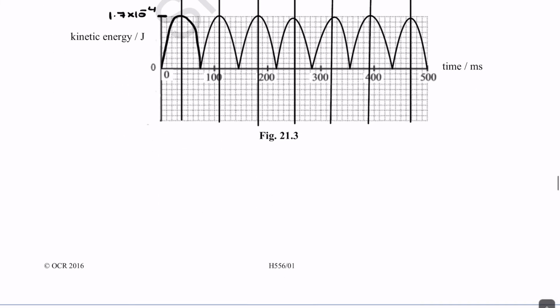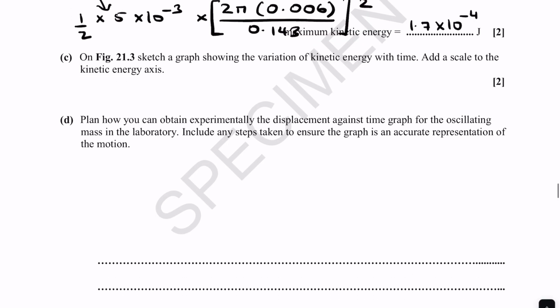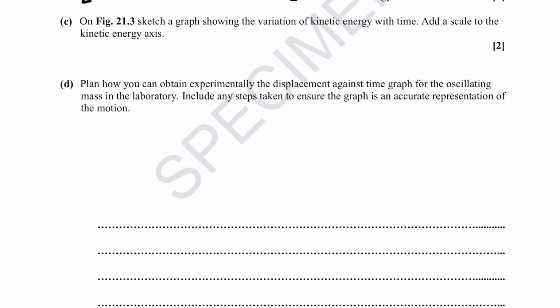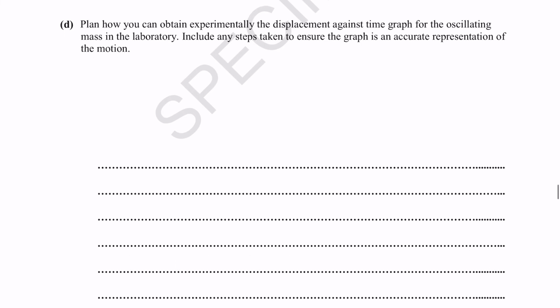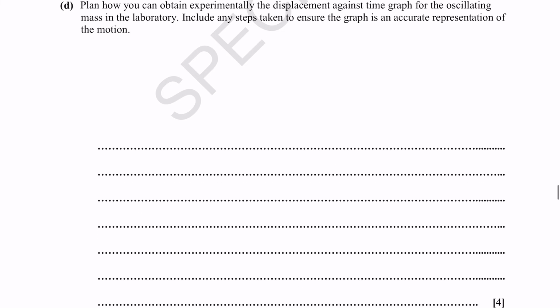Let's move on. So for part D now, we have to plan how you can obtain experimentally the displacement against time graph for an oscillating mass in the lab. Include any steps taken to ensure the graph is an accurate representation of the motion. So you can either use a stroboscope or a motion sensor. I'm going to use a stroboscope and explain how it would work.